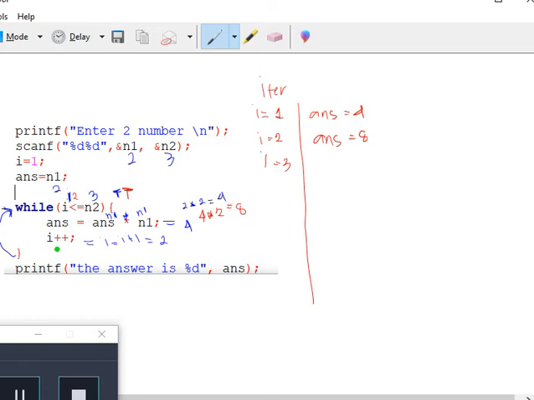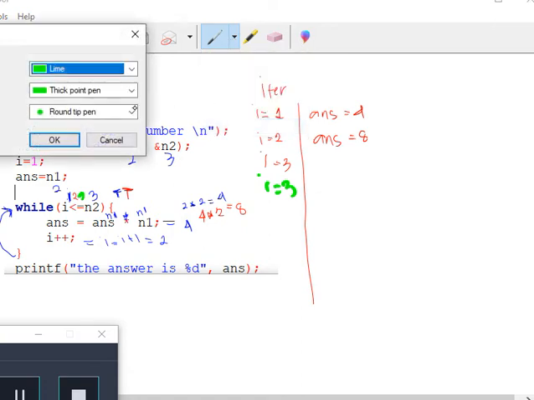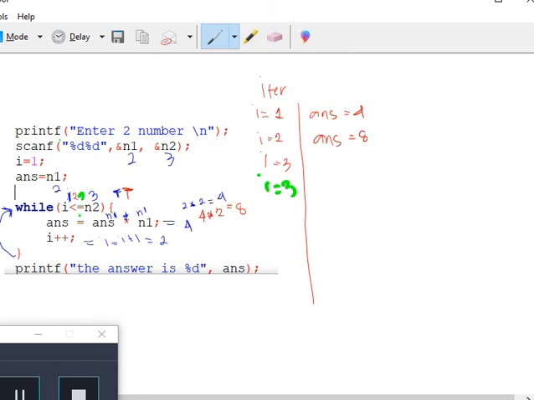So our i here is equals to 3. So, if i is equals to 3, this is still true since 3 is less than or equal to 3 man. So, our answer here, ang answer na to before is 8.